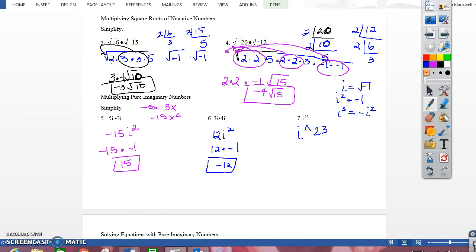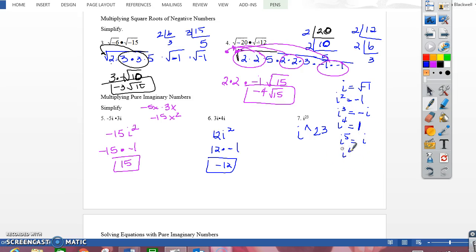It would be negative i. i to the 4th power would be i squared times i squared, so that would be positive 1, because it would be negative 1 times negative 1. i to the 5th power would be 1 times the square root of negative 1, so it would just be i.